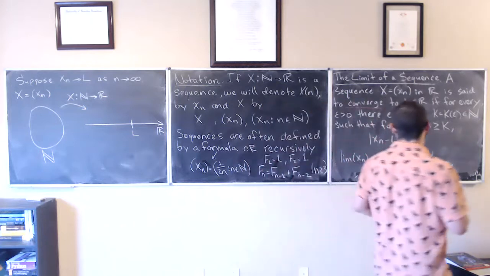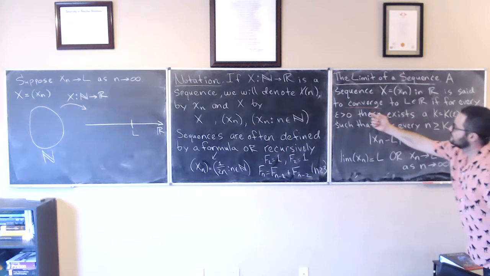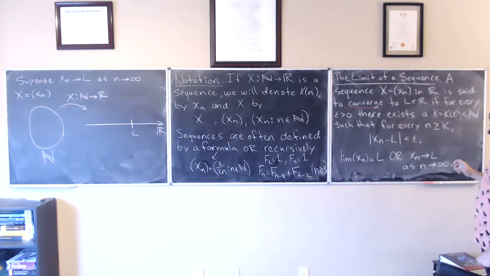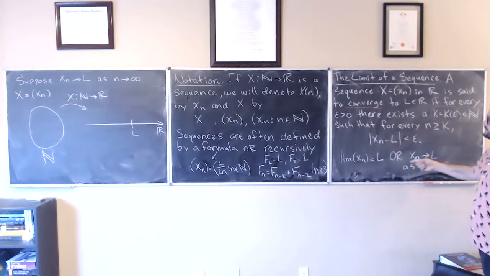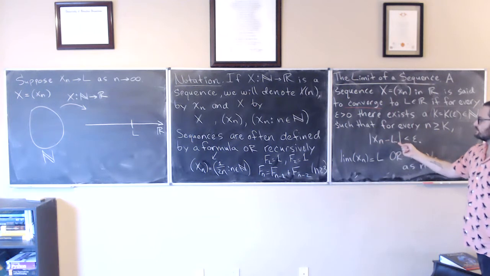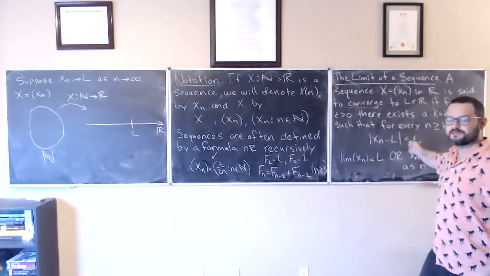So looking back at the definition, what does that mean? It means that if we pick any epsilon greater than 0, there is some natural number k so that if the index for the sequence is greater than or equal to k, then the distance from xn to L is less than epsilon. So we're concerned with distances here.